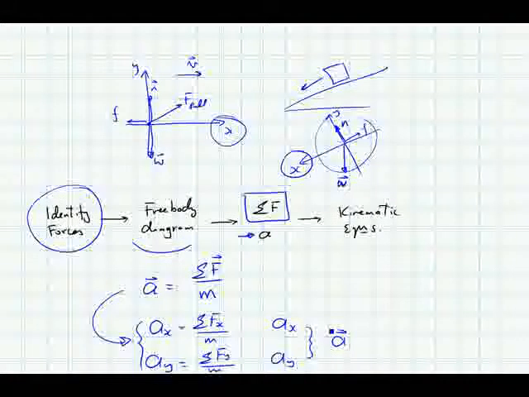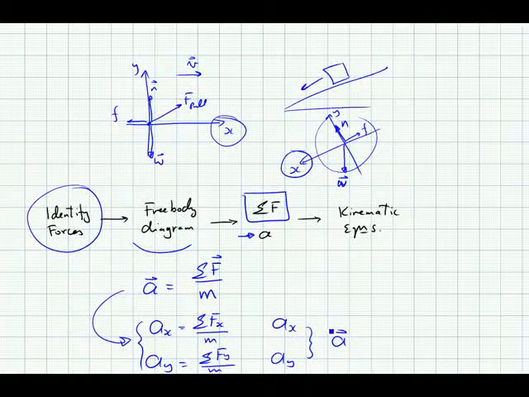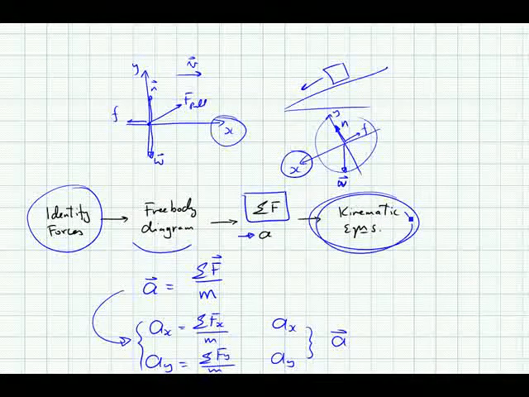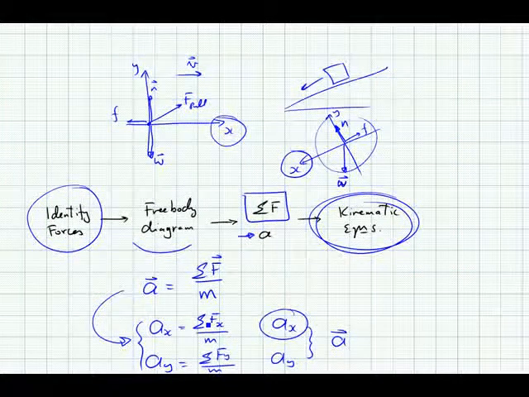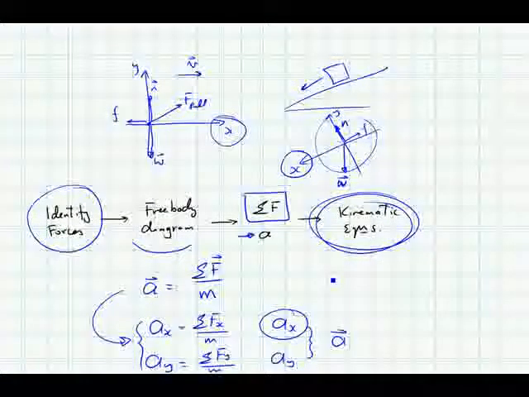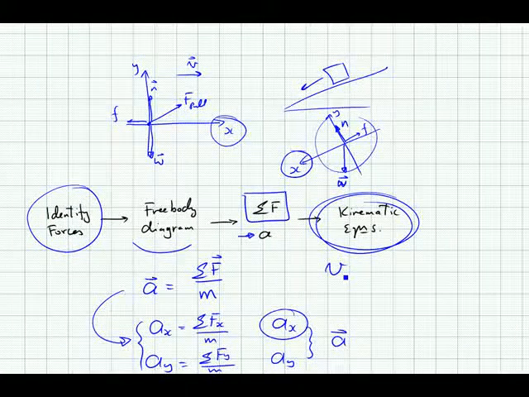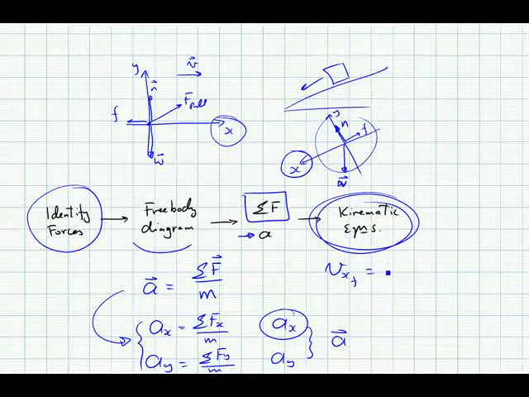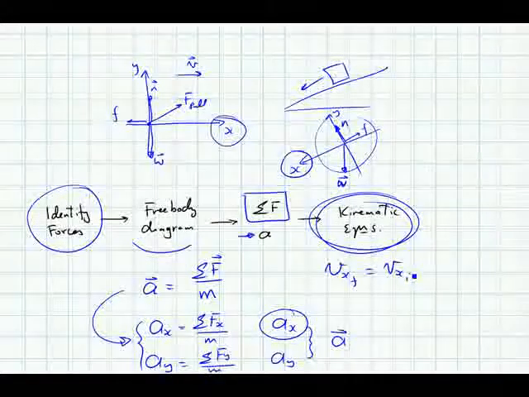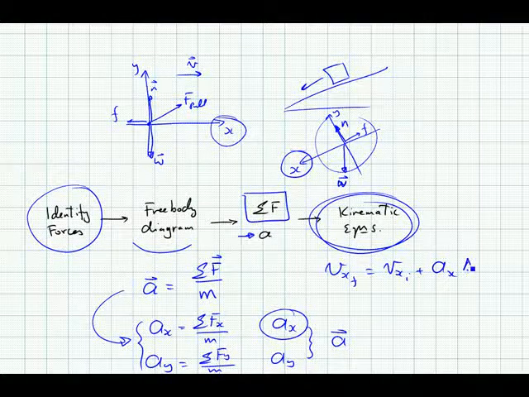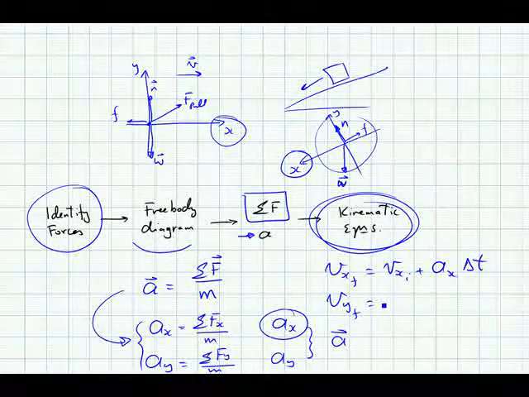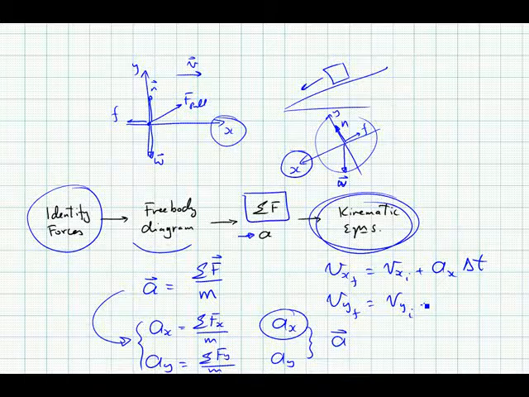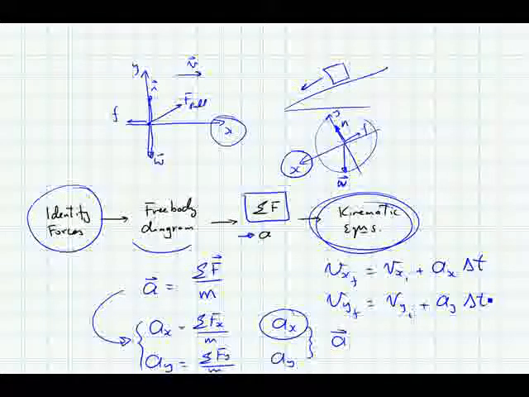Or if you need to, prior to doing this combination, if you need to use any of the kinematic equations, then you go ahead and use, for example, acceleration along the x-axis to figure out the final velocity along the x-axis. If you know velocity along x initial plus ax delta t, etc. Similarly, velocity along y final is velocity along y initial plus ay delta t.